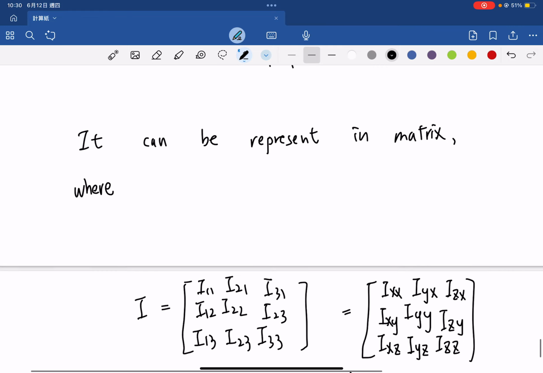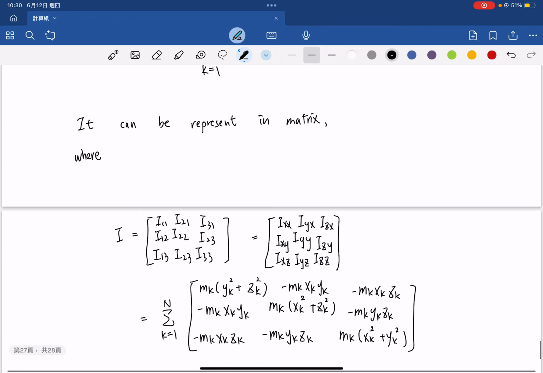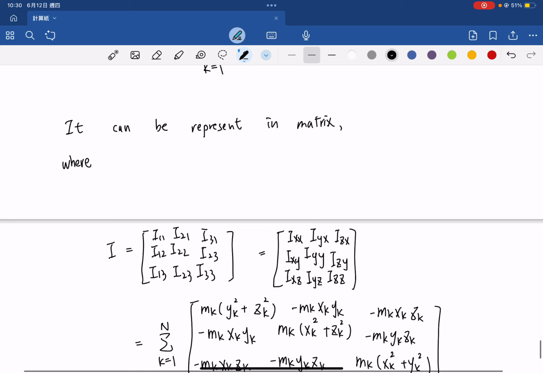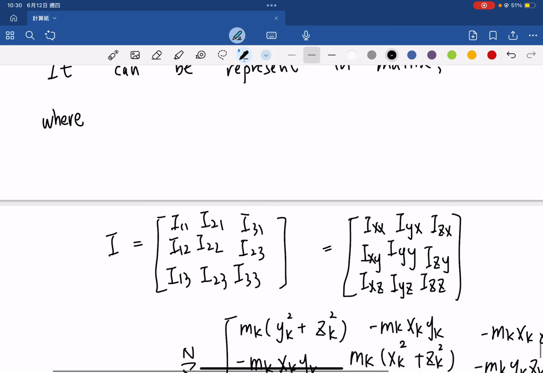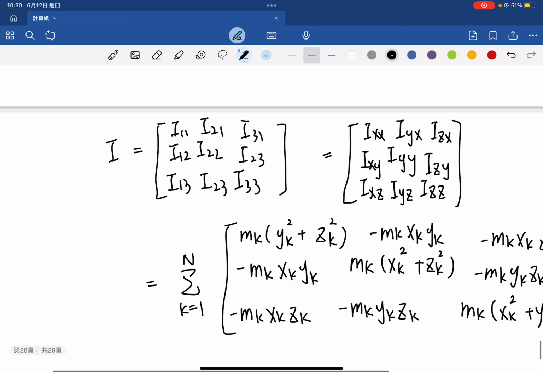And it can be represented as a matrix where I equals I11 to I33, which is equal to Ixx to Izz.